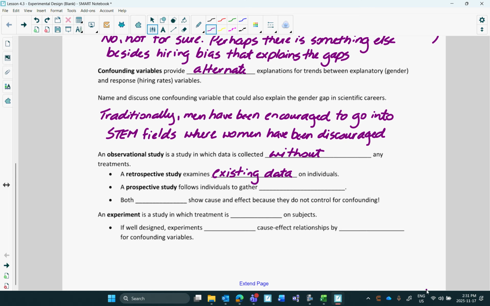A retrospective observational study just used observational data: how many papers were published by men in this field and that field, how many men are in the data science workforce as opposed to women. A prospective study follows individuals to gather future data.